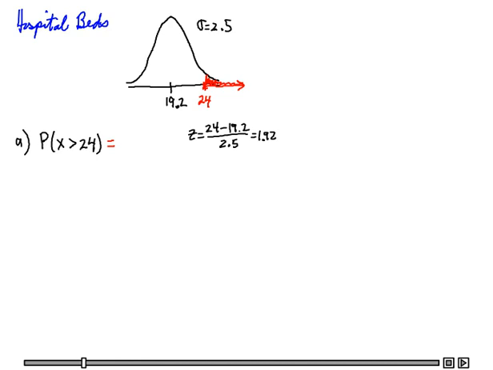Now the table always reads to the left, so I'm going to look up the 1.92. I'm on the upper end, so I'm looking at the positive z-score table, and down into row 1.9 and over to column 0.02 gives me a 0.9726.